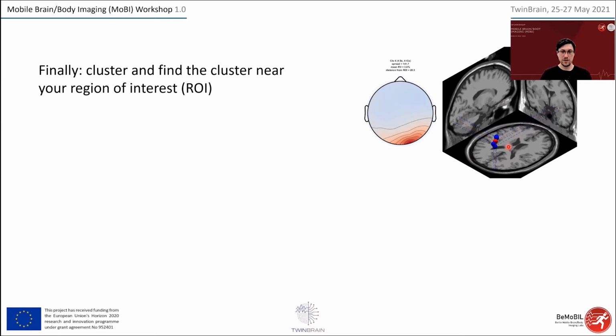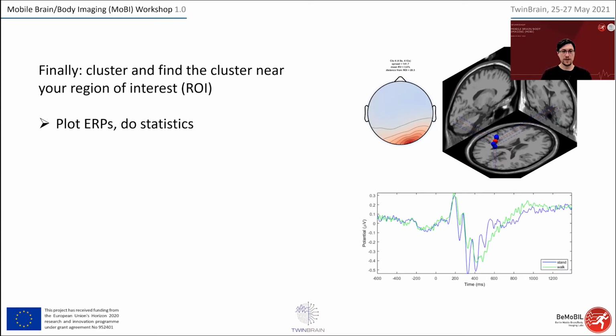But if you have 20 participants, you should have more ICs in this cluster. And then you do the ERPs and do some statistics. In this case, I didn't do statistics because it's only 4 subjects, but you know the gist. From there on, it's normal ERP processing. It's just not the ERP on the sensor level, but instead it's the ERP on the source level.